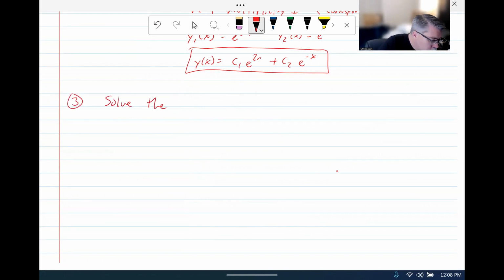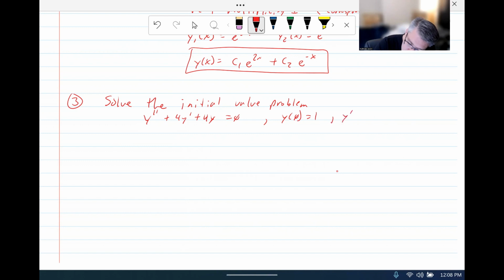Solve the differential equation or the initial value problem: y double prime plus 4y prime plus 4y equals 0, with y of 0 equaling 1 and y prime of 0 equaling 4.